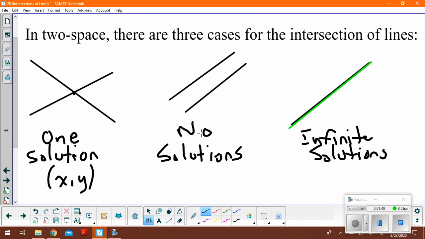If it has no solutions, it would have meant that somewhere in your steps, you would have got to an equation that looks like 0x equals, I don't know, 7, which means 0 equals 7, and that's impossible. So there's no solutions.